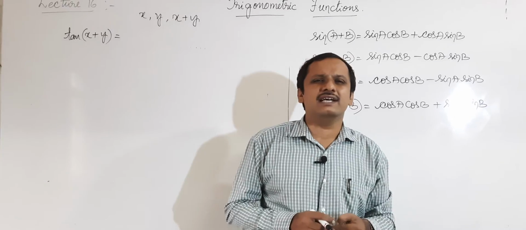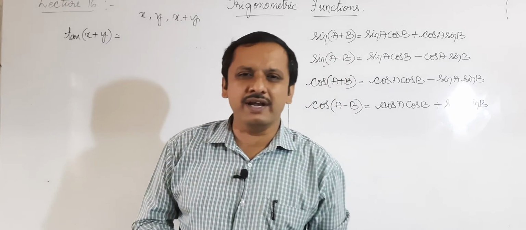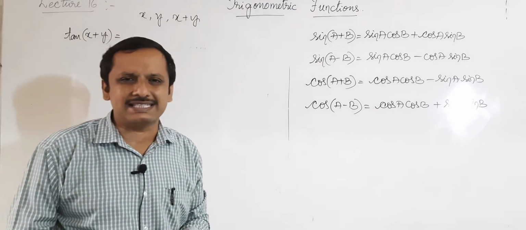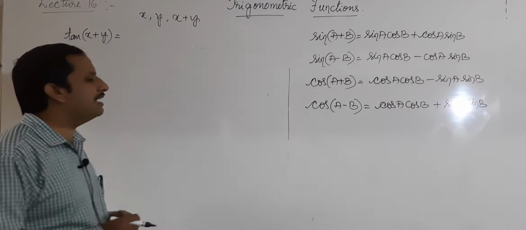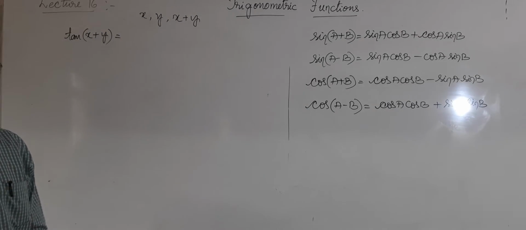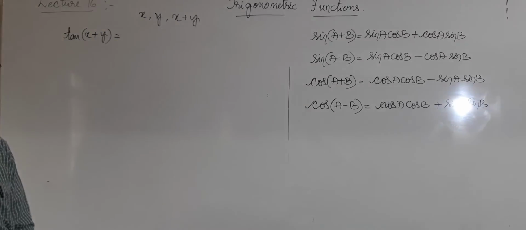So tan 90 degree, tan 270 degree, etc., they are all not defined. So x, y and x plus y should not be any odd multiple of pi by 2, then only this formula we can derive.